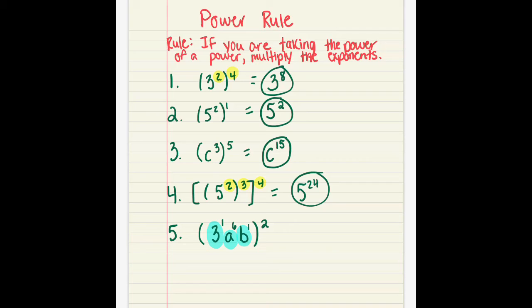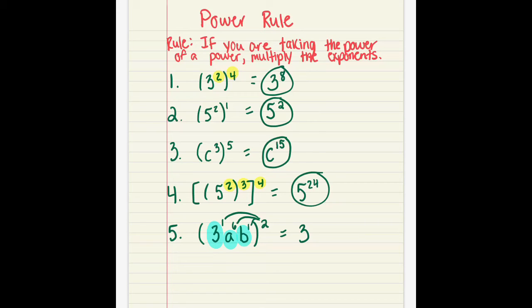Next, we are going to treat this like it is distribution. So we're going to take our exponent on the outside of the parentheses, which is 2, and we are going to multiply that 2 by each exponent inside the parentheses. So we're going to multiply it by 1, by 6, and by 1, all individually because these are all different bases.